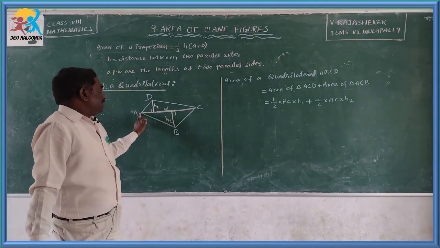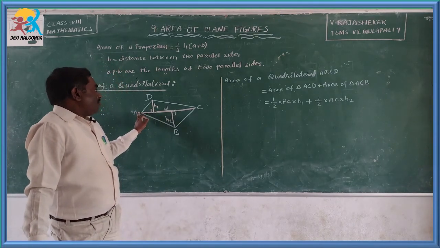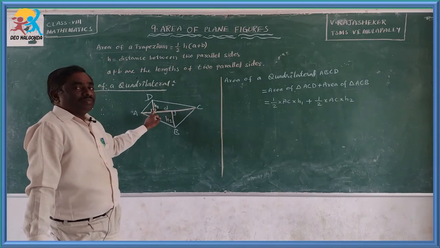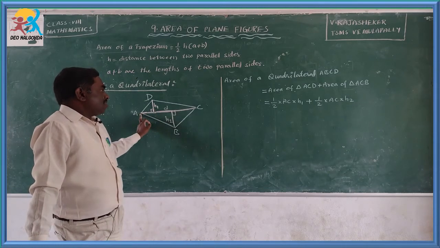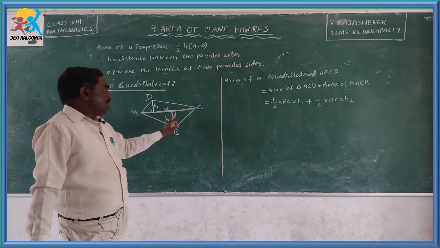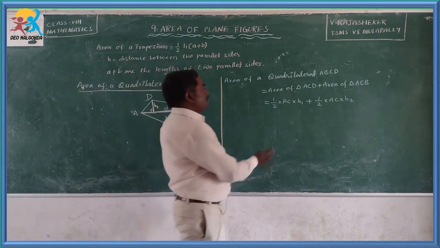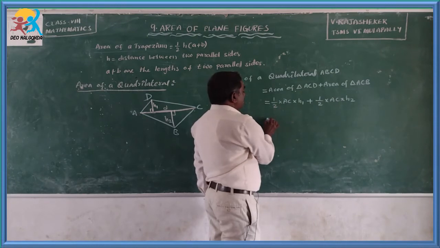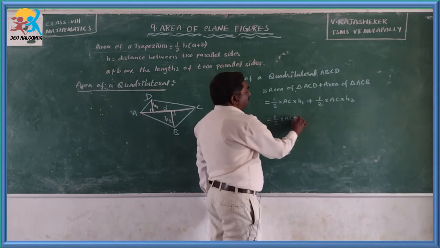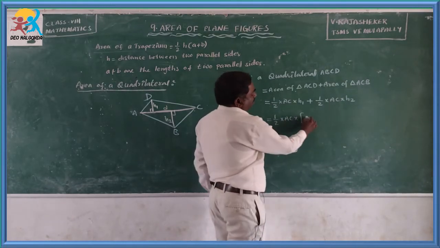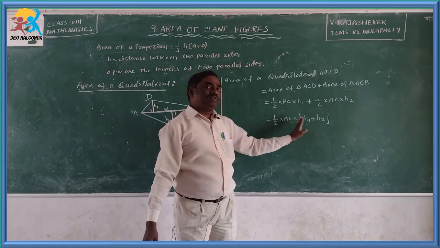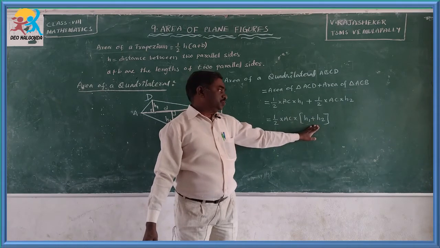For the first triangle ACD, half into base AC into height H1. For the second triangle, base AC into height H2. Now here in both we have half into AC as common. So, half into AC we take out, into the remaining part H1 plus H2. Half into AC into H1 plus H2.